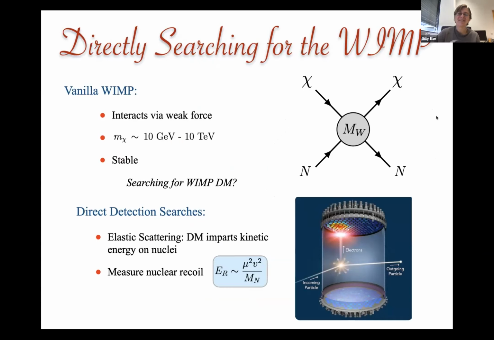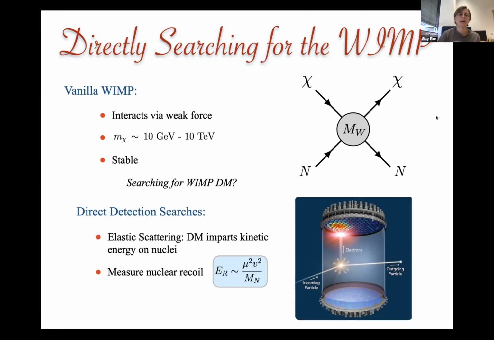Thank you. Okay, so Ricardo reviewed this, but I'll review it again from a more model building perspective, the effort to search for WIMP dark matter. The vanilla WIMP paradigm is we have a dark matter particle that interacts via the weak force with nucleons.